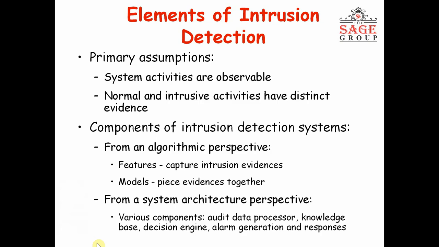From an algorithm perspective, features capture intrusion evidence. What is the intrusion evidence? Suppose someone has come to your home. What is the behavior? How did they come? Where did they come from? That is the intrusion evidence.